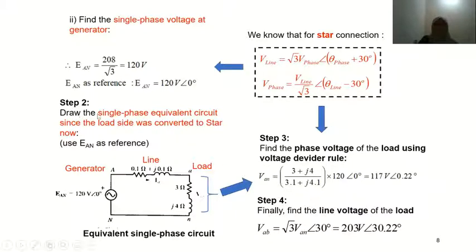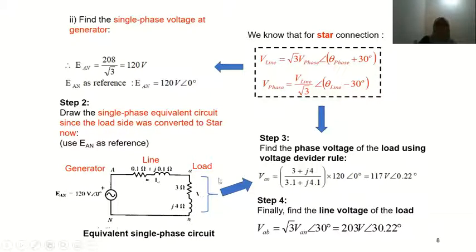The second step, after finding your EAN, is to draw the single phase equivalent circuit, since the load side was converted to star connection now. So use AN as reference. This is your phase voltage for the generator, this is your line impedance, and this is your load impedance.